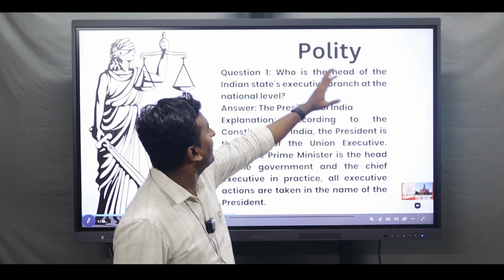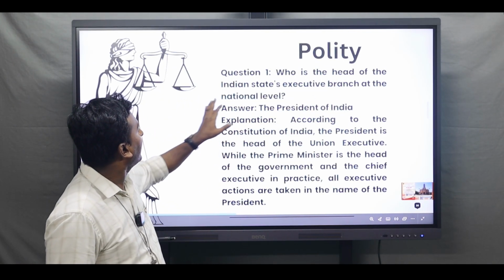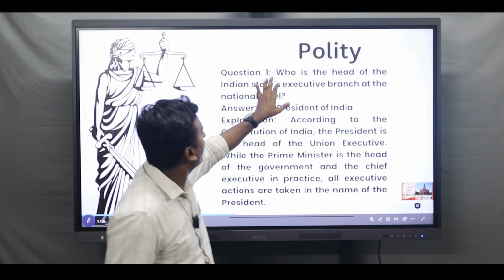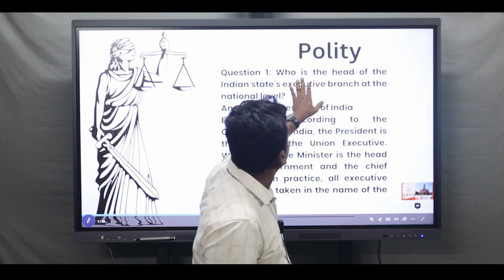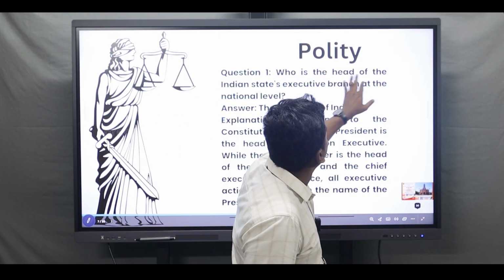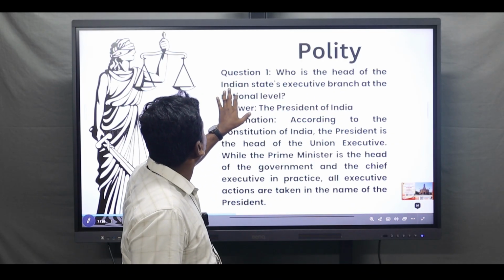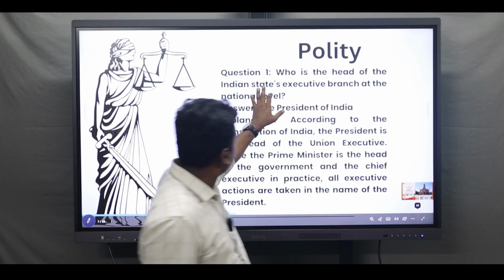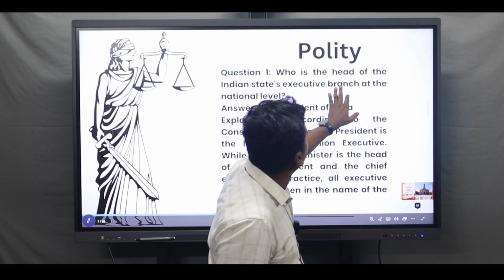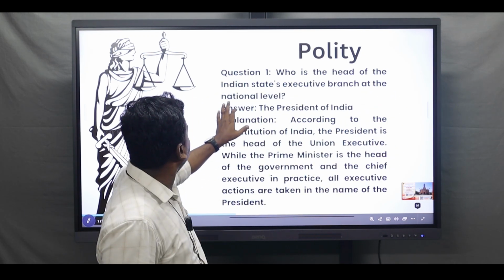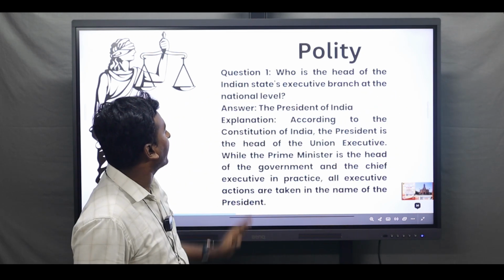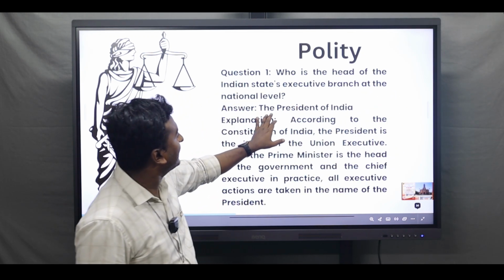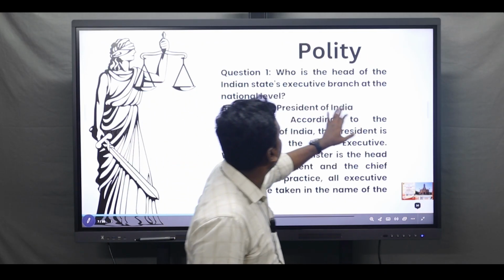The next topic is simple, it is polity. Question number 1 goes like this. Who is the head of the Indian state's executive branch at the national level? The question is simple, and the answer is the President of India.